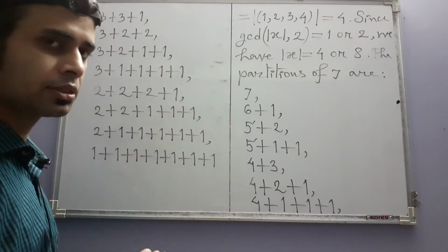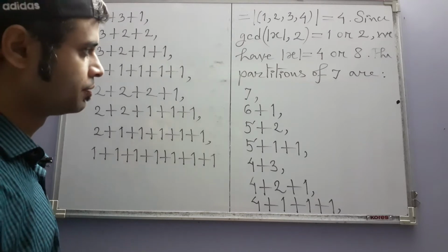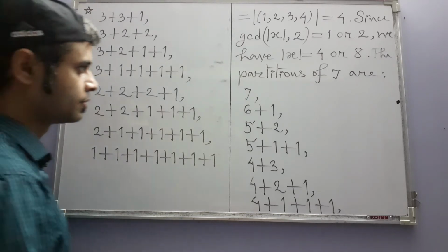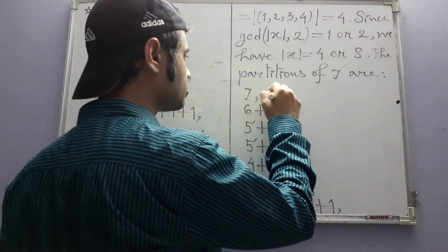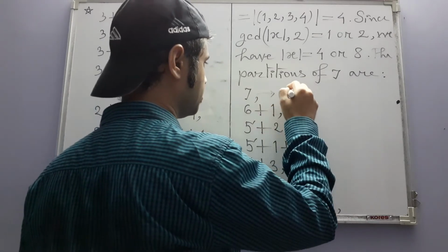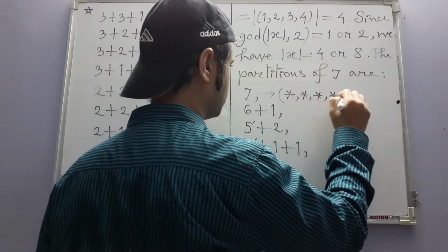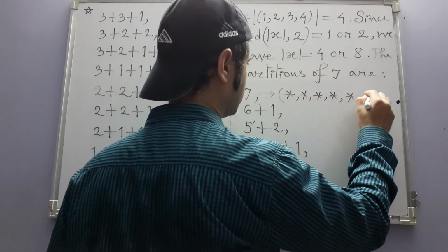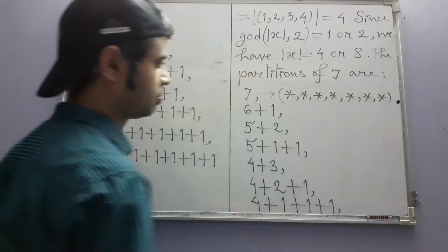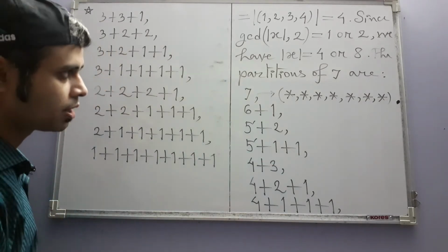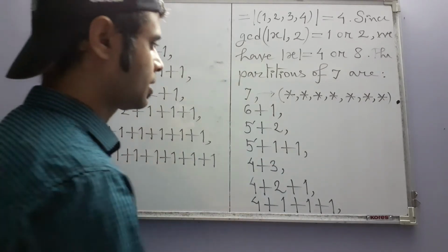any permutation in the group S7. For example, 7 corresponds to a 7 cycle. 6 plus 1 corresponds to a 6 cycle.